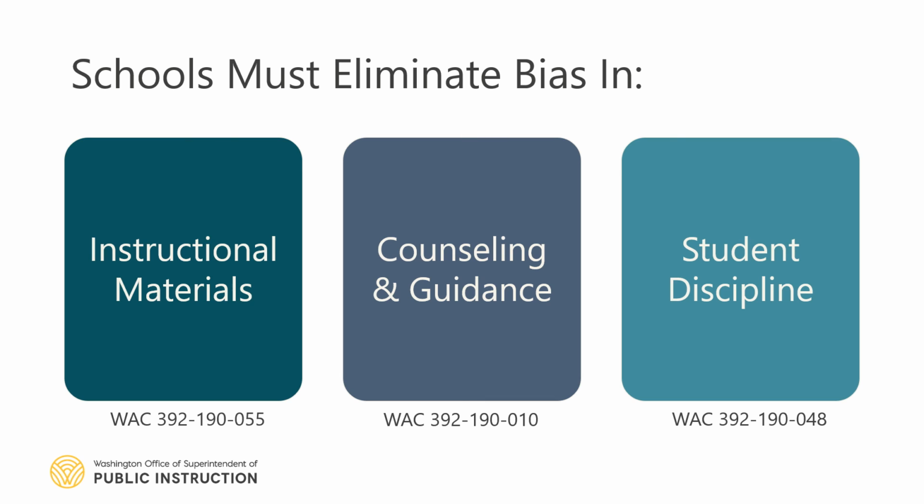Second, in the counseling and guidance of students, which includes the assessments, materials, and information provided for purposes of academic, career, or vocational counseling. Finally, in the administration of student discipline, in particular with regard to classroom removals. Let's explore each of these areas briefly.